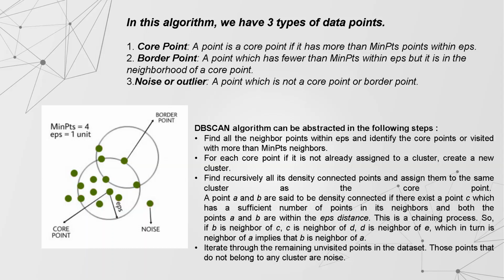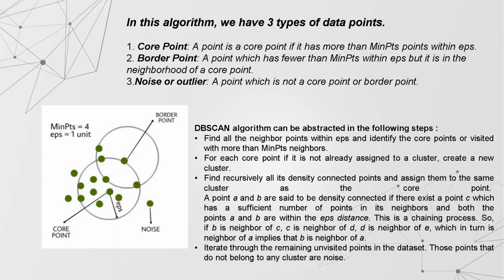Next is to find recursively all its density-connected points and assign them to the same cluster as the core point. Core points A and B are said to be density connected if there exists a point C which has a sufficient number of points in its neighbors and both the points A and B are within the EPS distance. This is a chaining process.